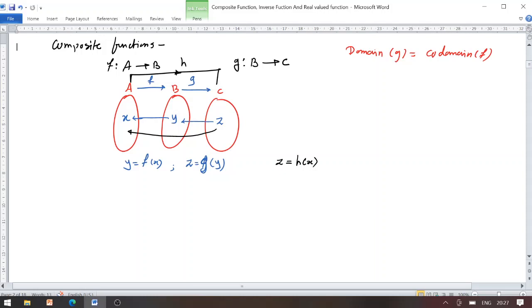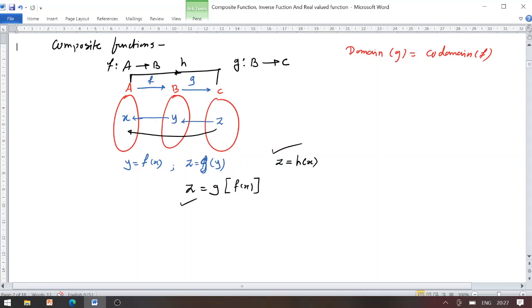Look at this carefully: z equals g of y, and if we replace y by its value f of x, we get g of f of x. So ultimately z equals h of x and z equals g of f of x.